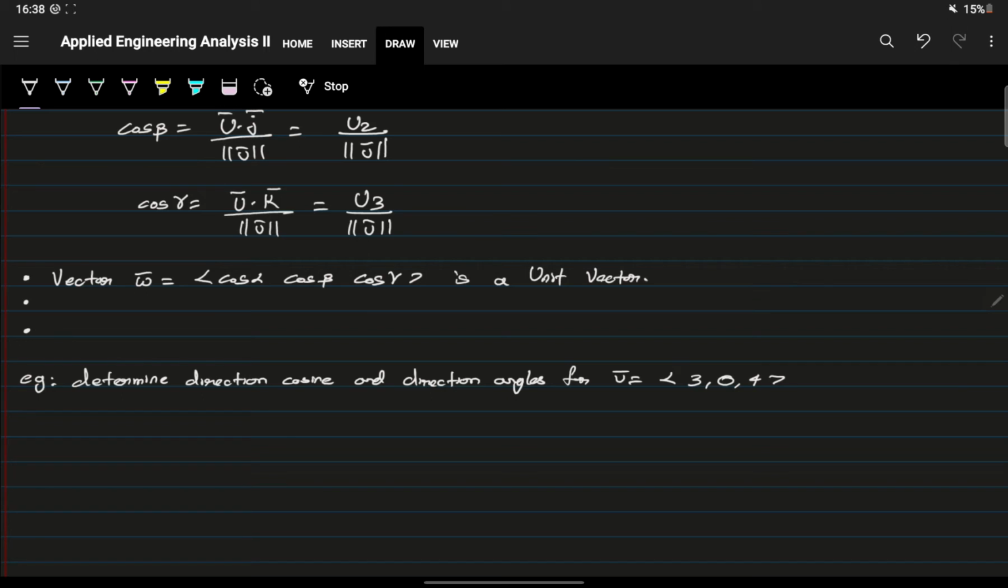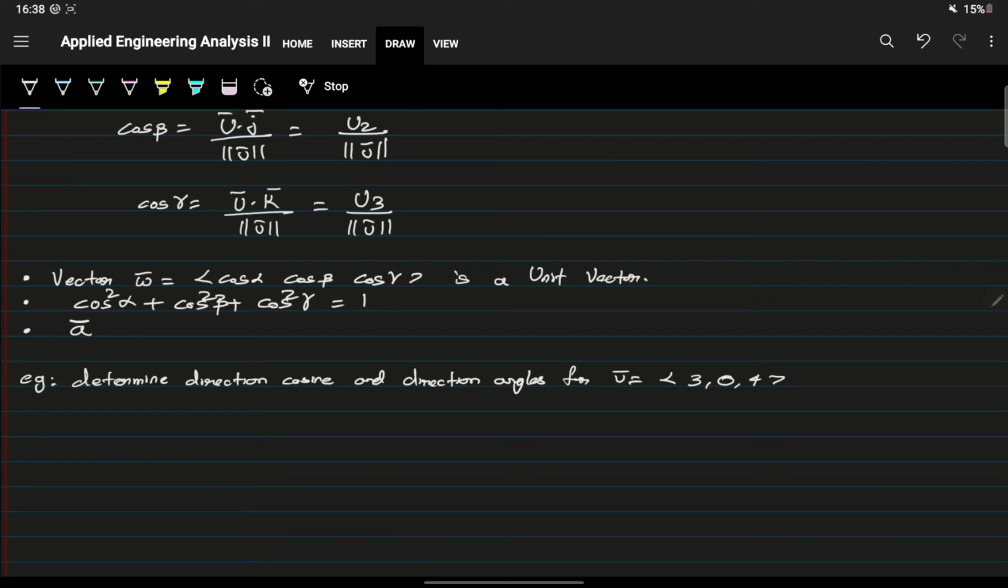And now some properties. The vector w, which consists of the direction cosines, is a unit vector because when we take the magnitude, cos square alpha plus cos square beta plus cos square gamma is 1.